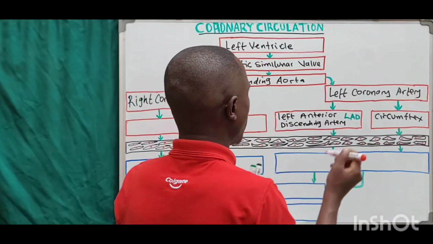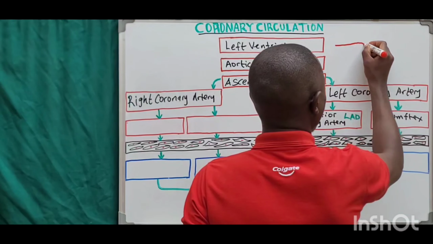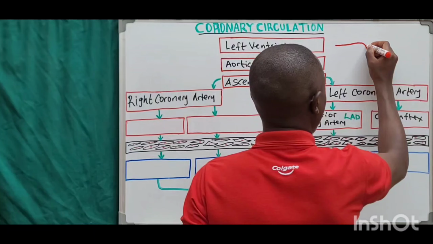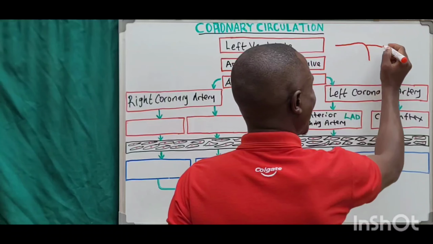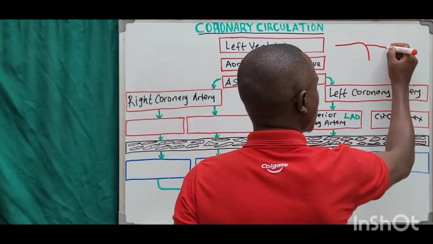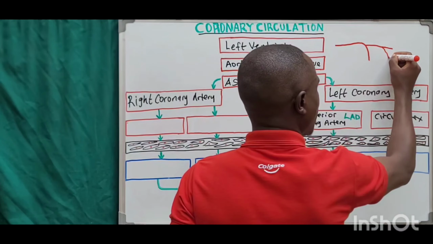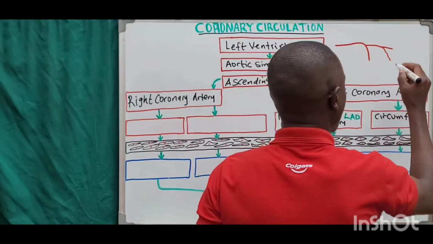So what do I mean by this? If this is our left coronary artery, it gives off different branches. This is the left anterior descending artery, and this one here is the circumflex artery. The circumflex artery gives off a very small artery, which is the left marginal artery.